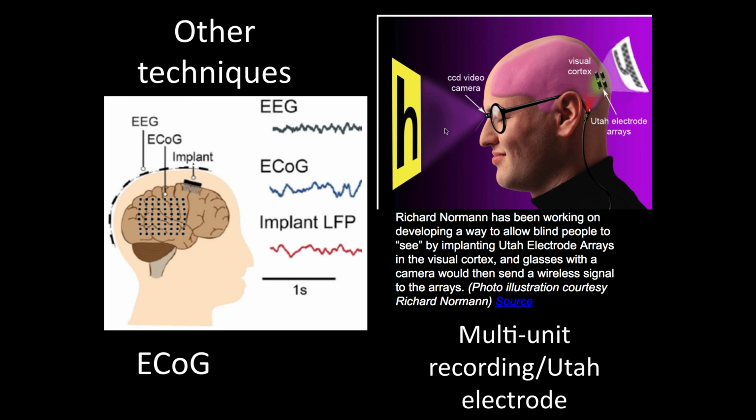In this case, in order to enable them to see, or in some cases, enable them to literally think about an action and carry out that action via a prosthetic limb. So really, really cool stuff that we'll talk more about.